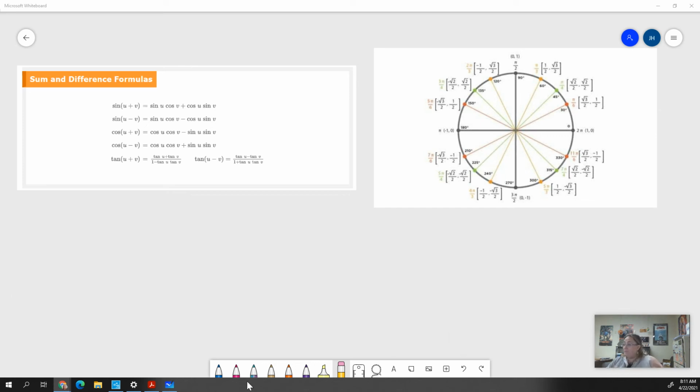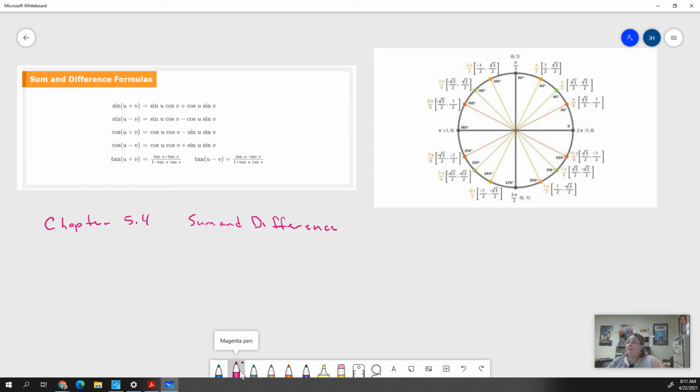what we're moving into right now is we're in chapter 5 still, right? But we're doing chapter 5.4. And what we're talking about is the sum and difference formula, which means basically the formulas for adding and subtracting trigonometric functions, right?